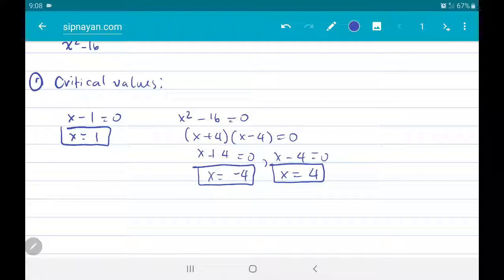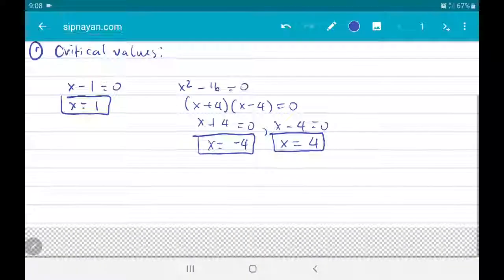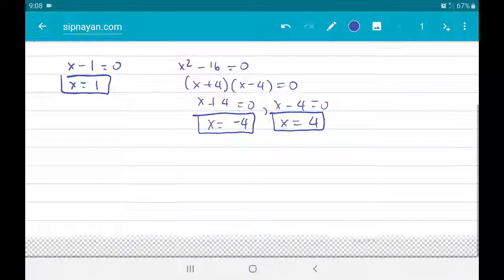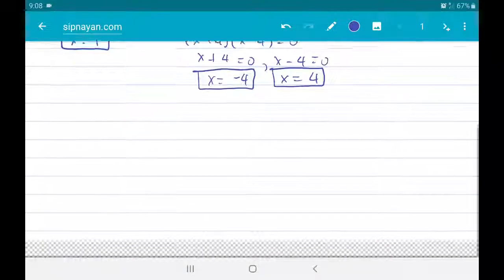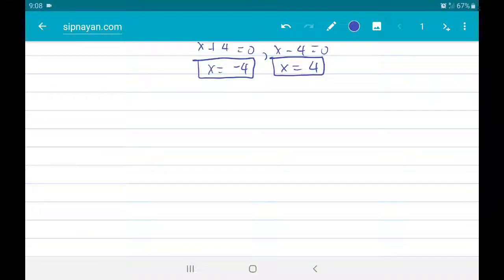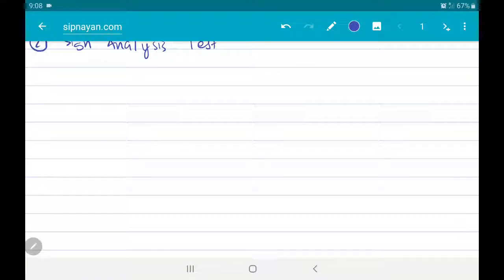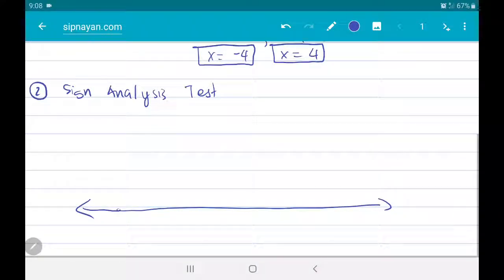Now, pag nakuha na natin yung mga critical values, we plot them on the number line, no? So, for the sign analysis, gawa tayo ng number line. And then i-plot natin yung mga critical values.